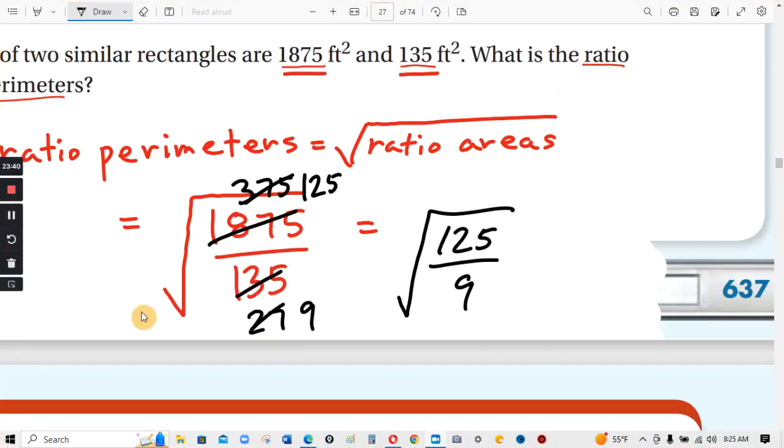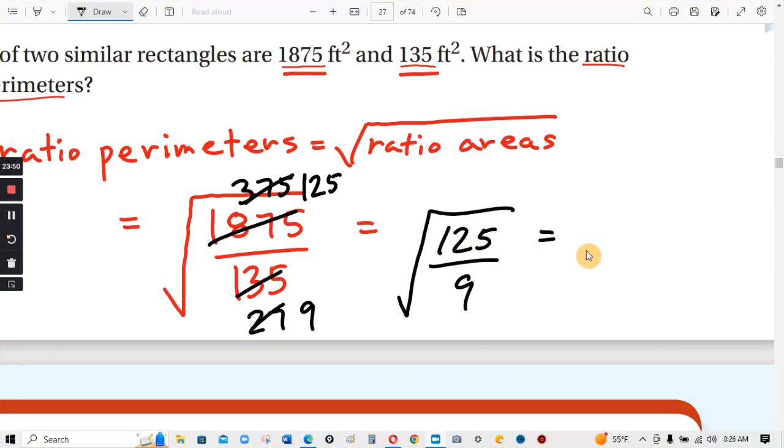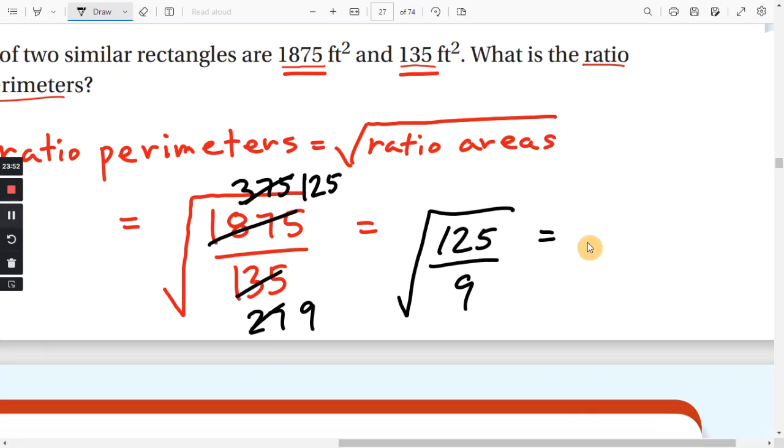So this is actually a tough one to simplify, but we know that 125 is the same as 25 times 5. And the square root of 9 we have in the denominator.